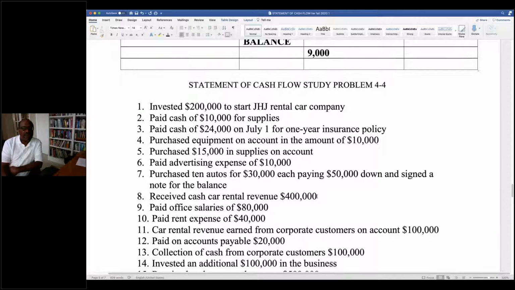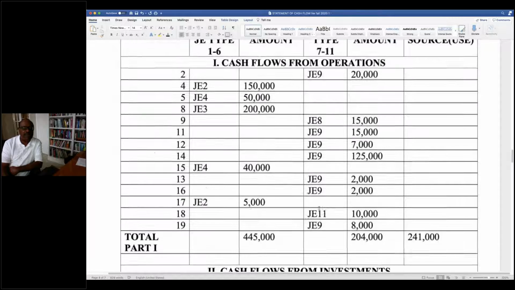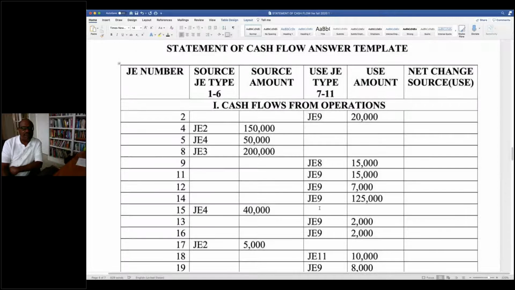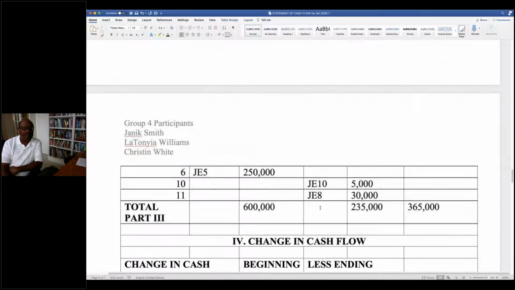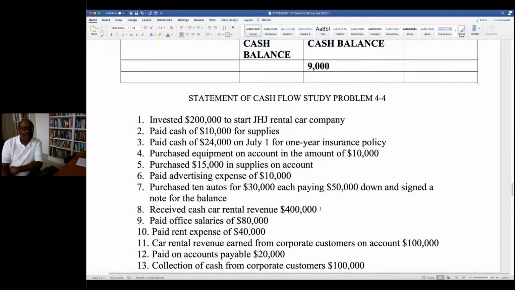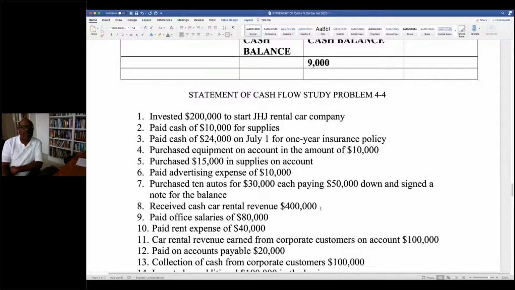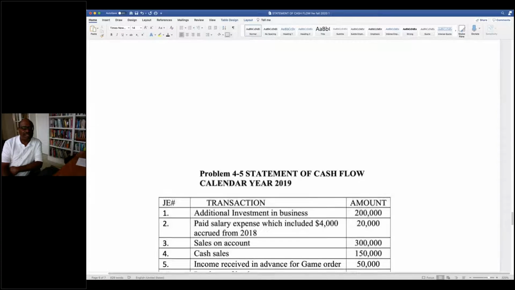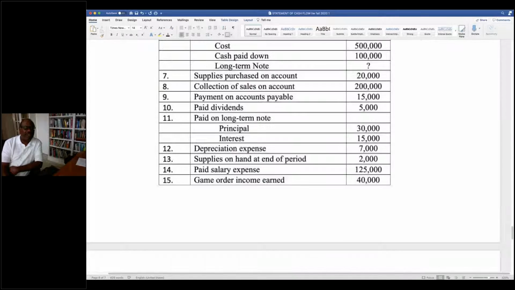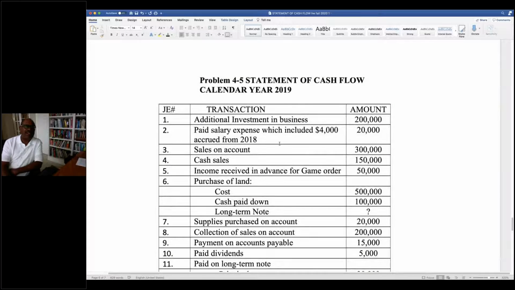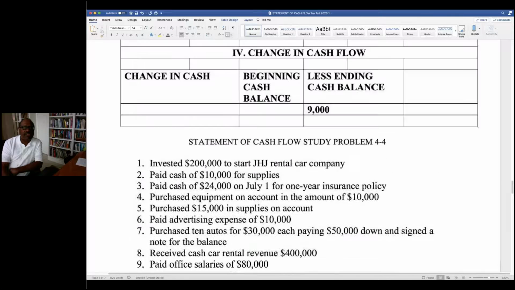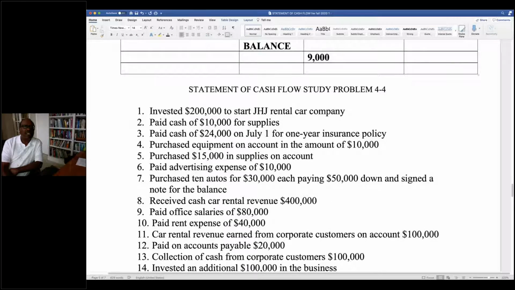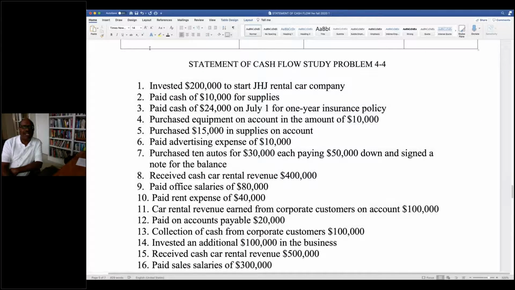Cash car loan revenue 400,000. Wait, ours is 4-5. Oh, this one is 4-4. I was looking at it based on this. The name's all at the top of the paper.